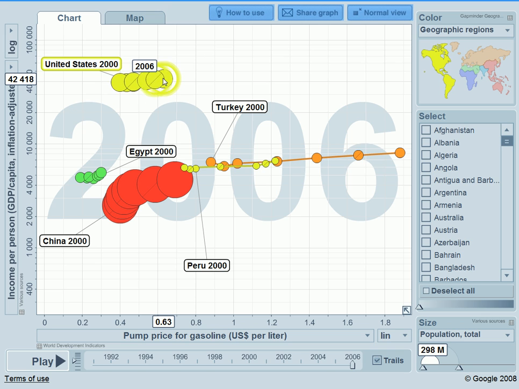Yeah, and look at this. Egypt has the lowest price for gasoline. Yeah, it makes sense because they produce gas, and it's also near the Middle East, the gas countries. So for this one, I think Turkey has strong customer demand.